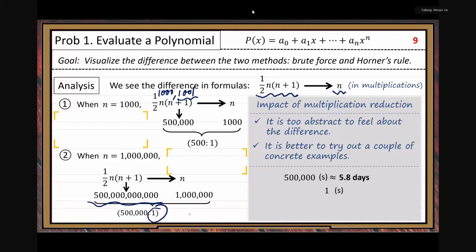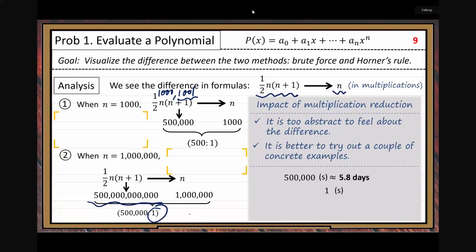Think about if you provide business solutions to your customers. You don't want to ask your customers to wait 5.8 days to get a result, right? So you want the 1 second solution, not the 5.8 day solution.